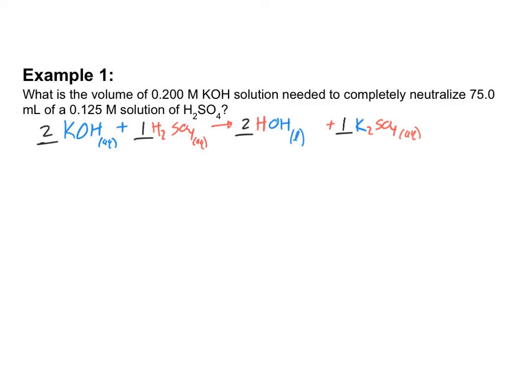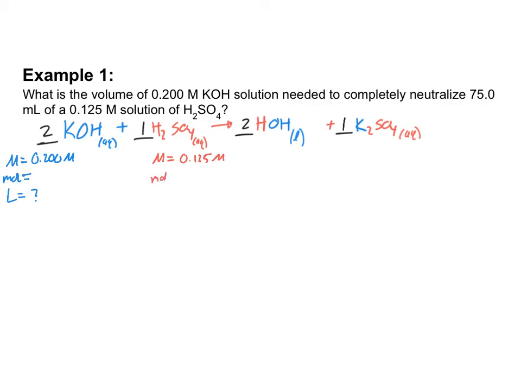So in my potassium hydroxide, I have the molarity, which is 0.200 molar, and I need to find the volume, which is liters usually, and I don't know moles yet, but we're going to get there. For my acid, I know that the molarity is 0.125 molar.